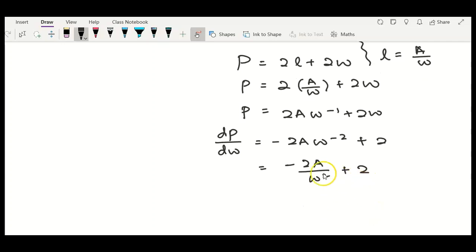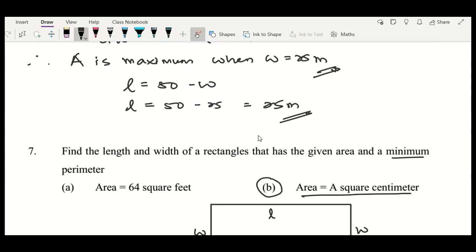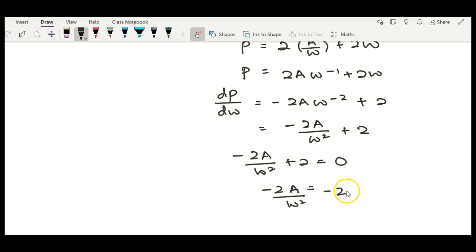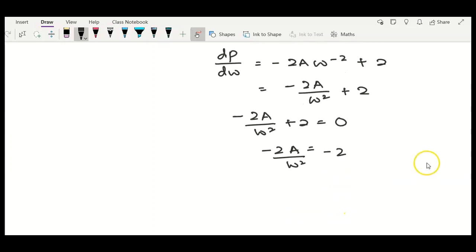And in order to get a minimum P, we need to let dP/dW equal 0. So negative 2A over W squared plus 2 equals 0. Then you have negative 2A over W squared equals negative 2. Very obviously the negative 2 can be cancelled off. Finally, you will have A equals W squared.